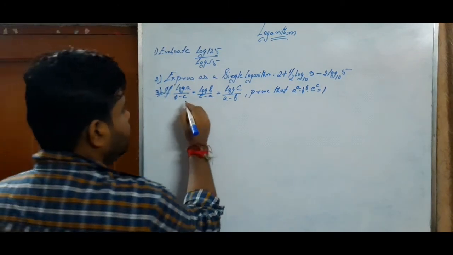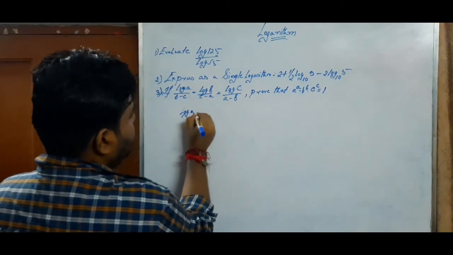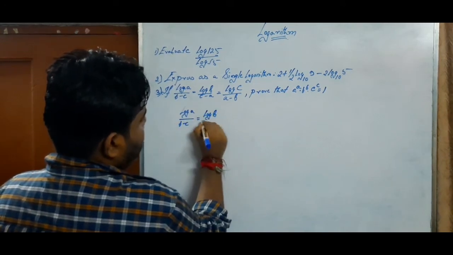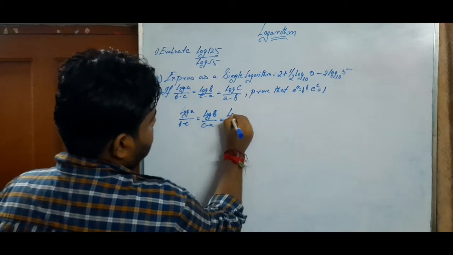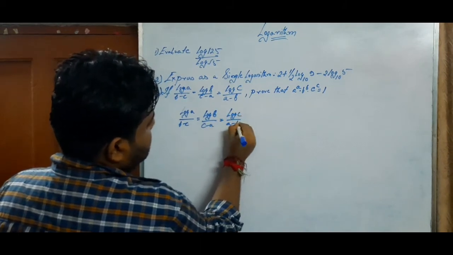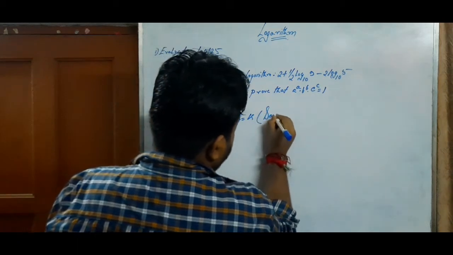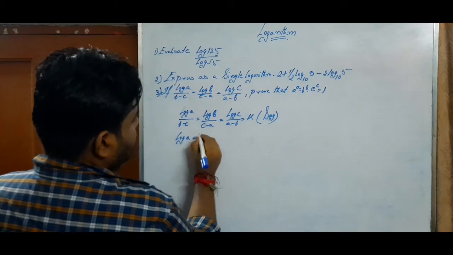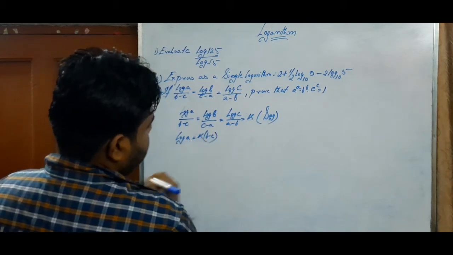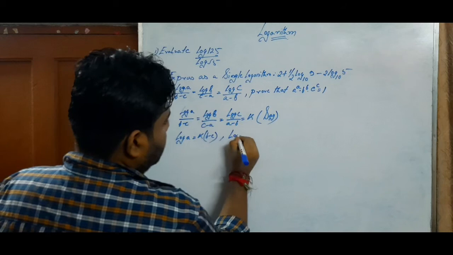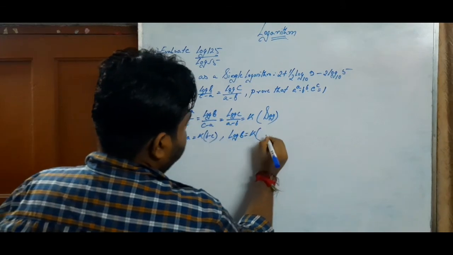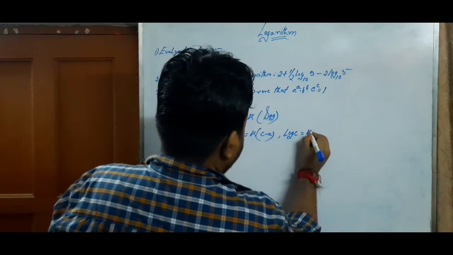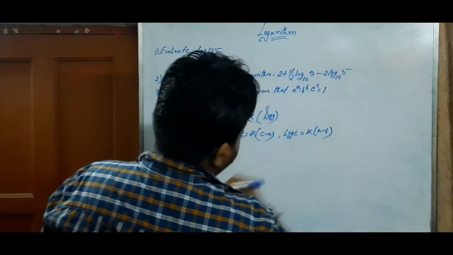Now we can write log a by b minus c equals log b by c minus a equals log c by a minus b equals k. Therefore log a equals k into b minus c, log b equals k into c minus a, and log c equals k into a minus b.